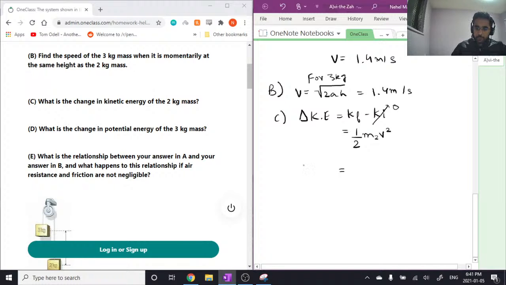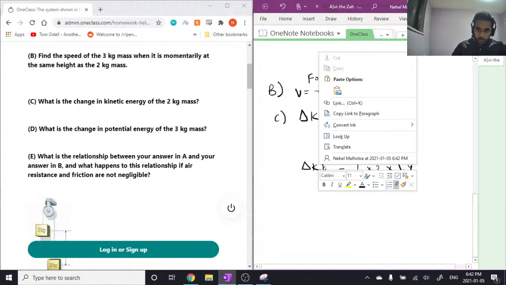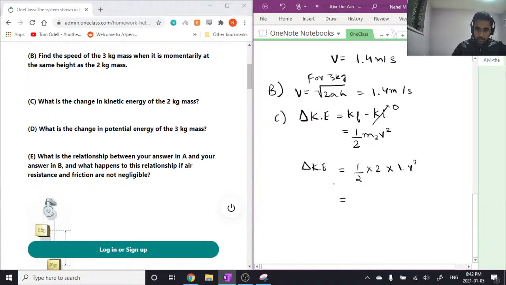So delta KE is equal to half times 2 times 1.4 squared, which is equal to 1.96. And the units for energy would be joules.